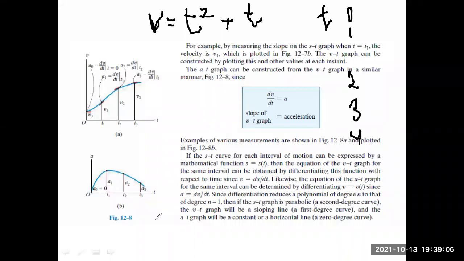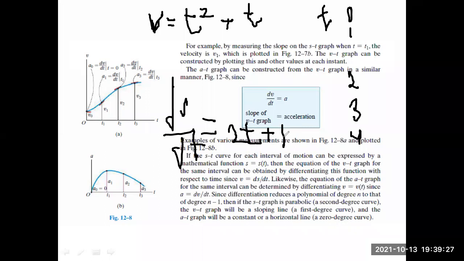2t plus 1. Who is this? Goran. Yes. So now dv by dt is equal to 2t plus 1. Okay? So now, once you plug in 0, you get acceleration equal to 1.